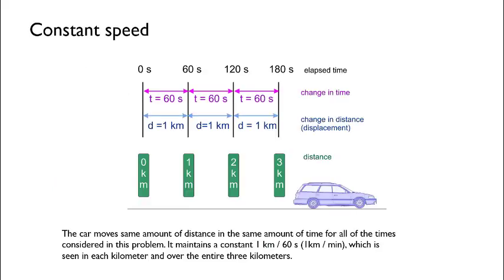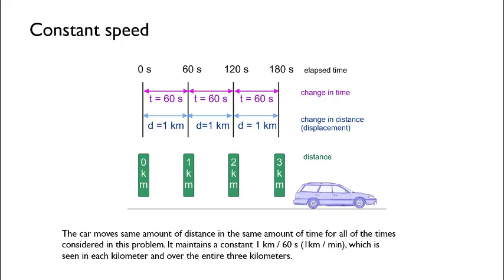Let's consider first the idea of constant speed. In other words, the object of interest is moving the same amount of distance over equal amounts of time intervals. This car, shown here, is covering 3 kilometers total distance in a total of 180 seconds.